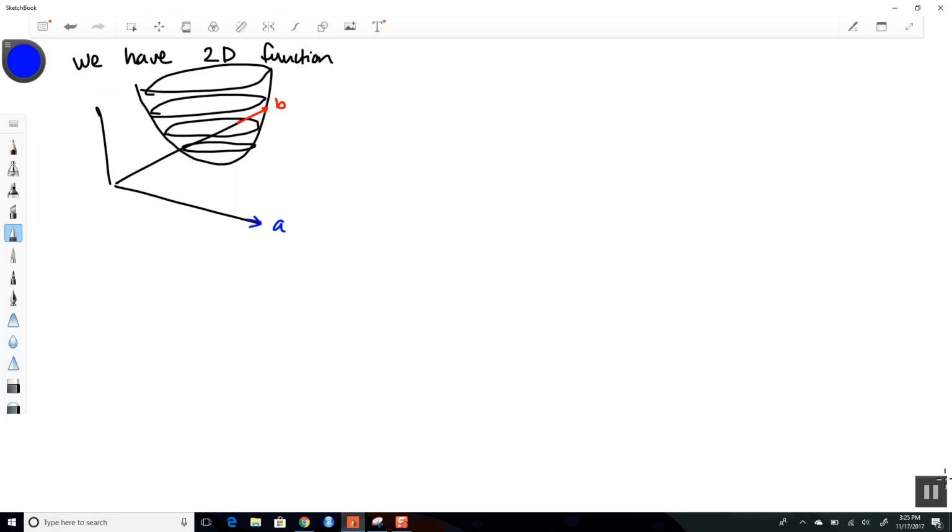Okay, and so we will set B equal to B0. Basically, I'm going to cut a slice. I'm cutting a plane here where B is set to some value, okay?